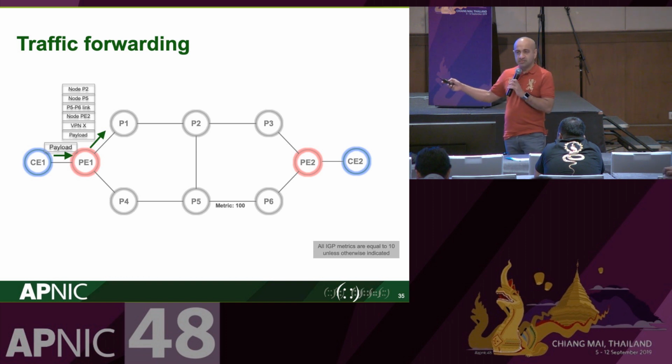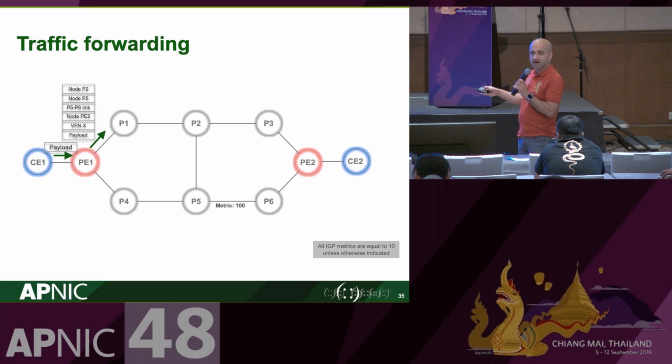Once it gets to P2, send it to which node? P5. We have to force it because we do not want to use this link, if you remember. So we say send it to P5. Once you get to P5, send it over the link between P5 and P6.